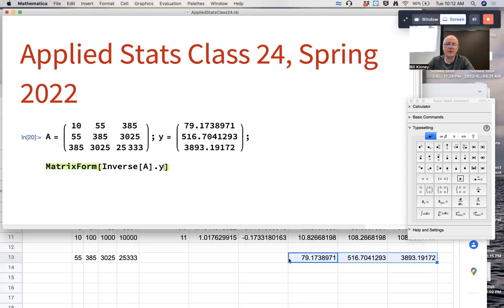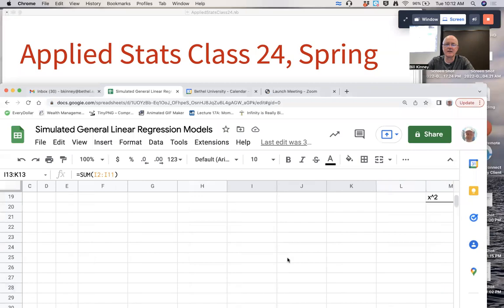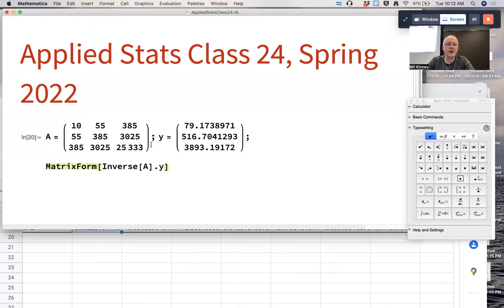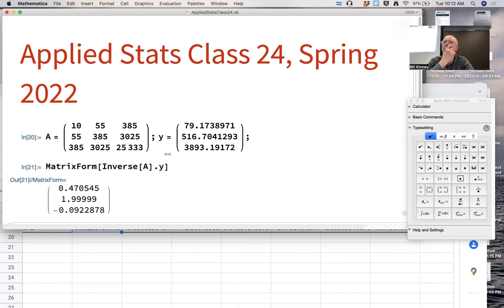So what should we get? We should get, hopefully, these numbers. 0.47, almost 2, and negative 0.09. Yep. Okay.